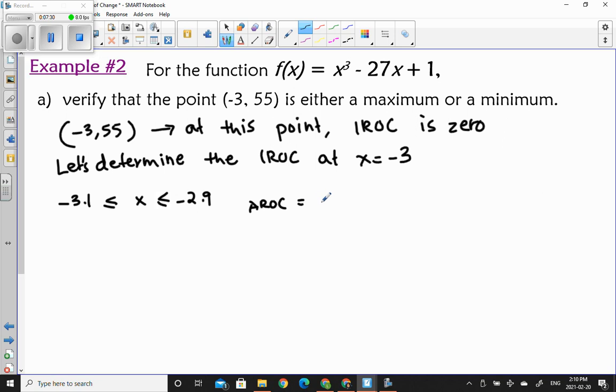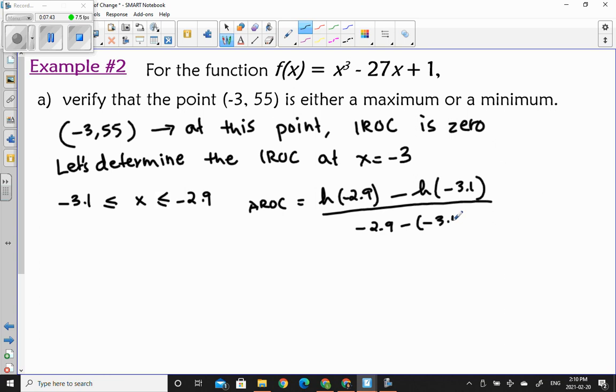So it'll be h at -2.9 minus h at -3.1 divided by -2.9 minus -3.1. Pay attention to those double negatives that happen here and plug those values into this equation for the function. I've already done it before. I would ask you to pause at this point and see that you're also getting these same values so you can practice using them on your calculator.